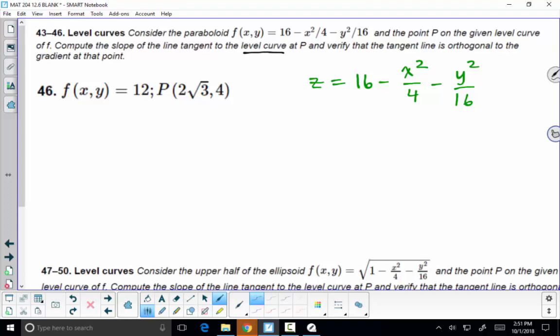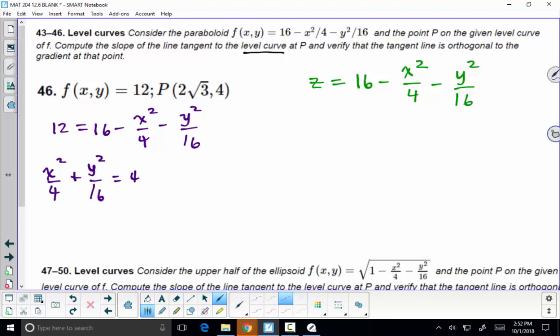So let's do it. 12 equals 16 minus x squared over 4 minus y squared over 16. Let's rewrite this so that we have x squared over 4 plus y squared over 16 equals 4.